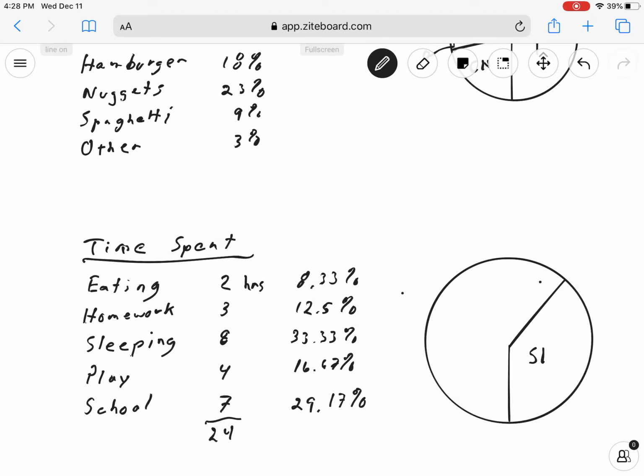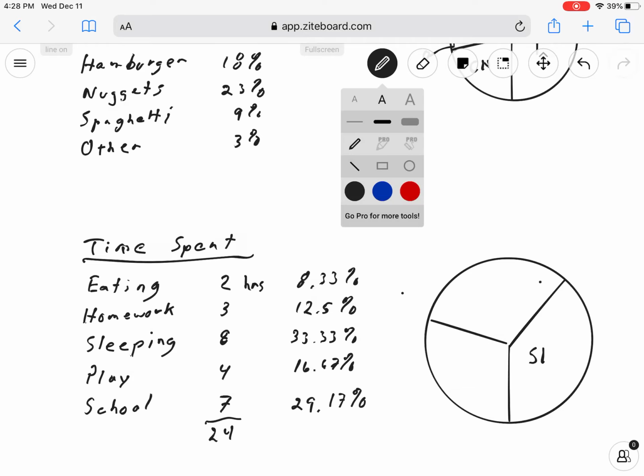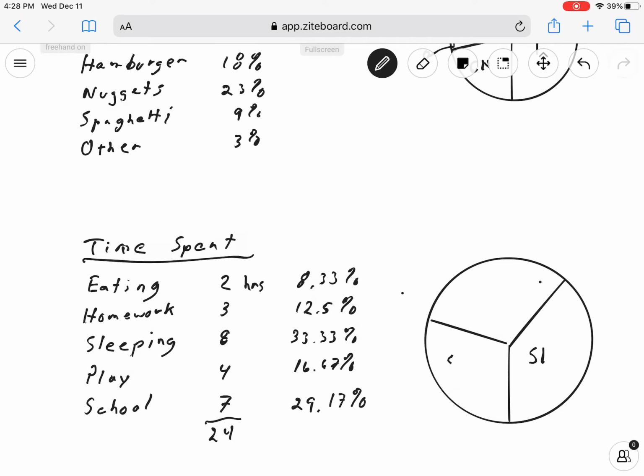And that's almost as big, but not quite. So there's our school. And then let's see, so that's a total of almost, say, 60%, a little over 60%.